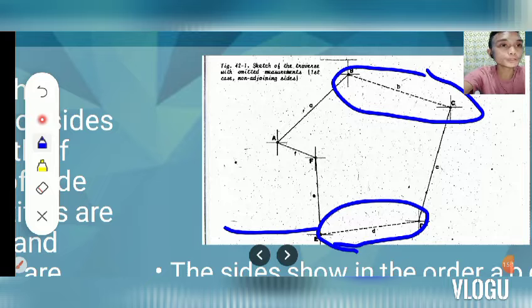And these are the solid lines, lines A, C, E, and F, which are known values. So what we need to find are B and D.